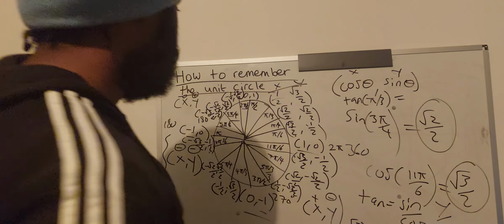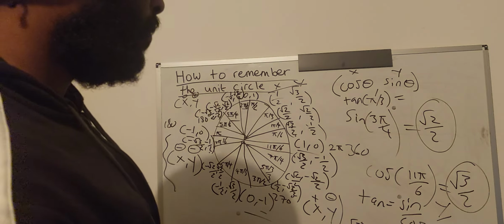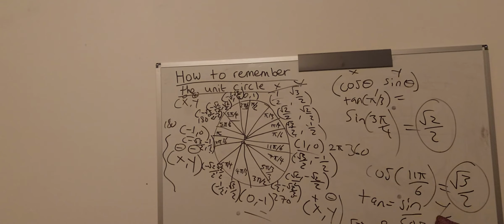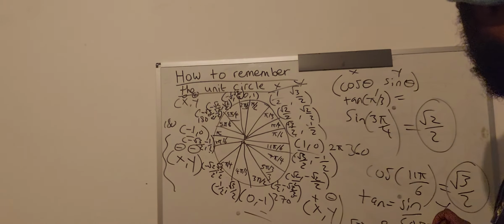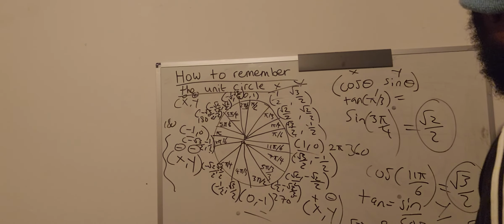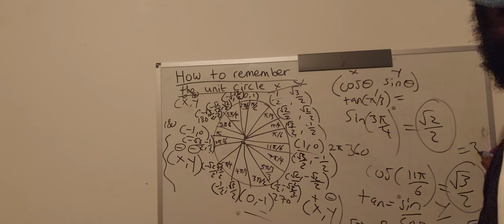You do square root of 3 over 2 divided by half, which is multiplied by 2 over 1, which is going to be 2 square root 3 divided by 2. You have to rationalize the denominator. Do I? That's just going to be square root of 3 over 1. Multiply it by the square root of 3, and that's going to be 3. Right?